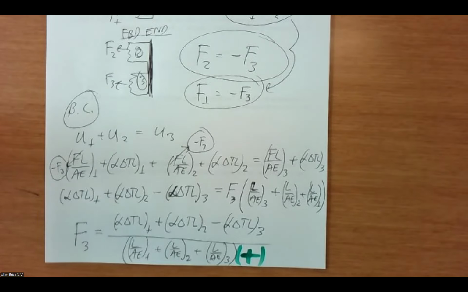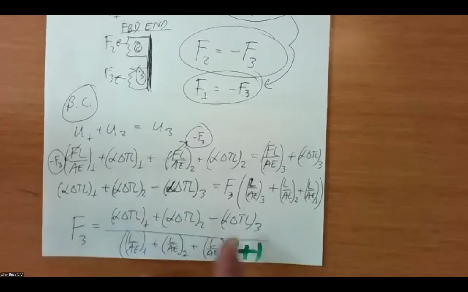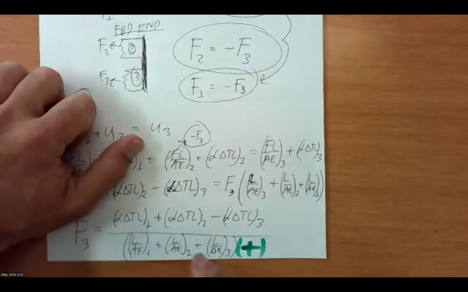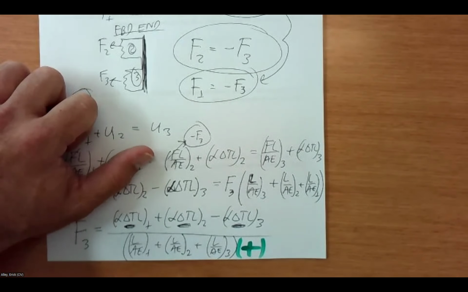That means what controls whether we go into tension or compression is going to be solely based on these alpha delta T combinations that we got up there. Remember, length can't go negative and alpha can't go negative. So it's really the delta T's that are going to control what goes positive and negative, and they're multiplied on those alphas. Alpha as a number is always going to be positive.